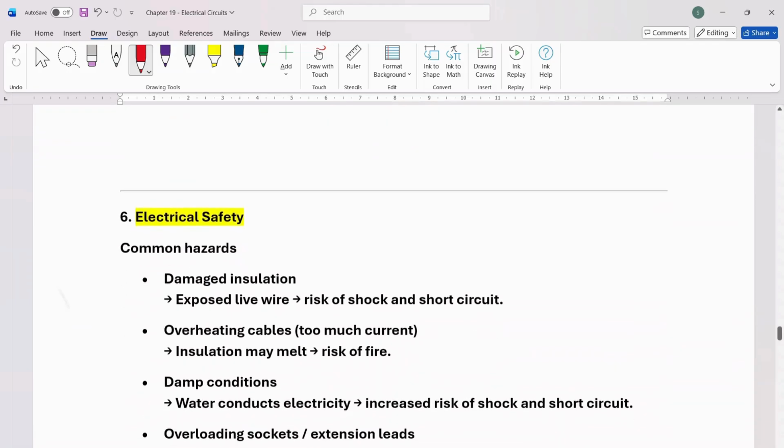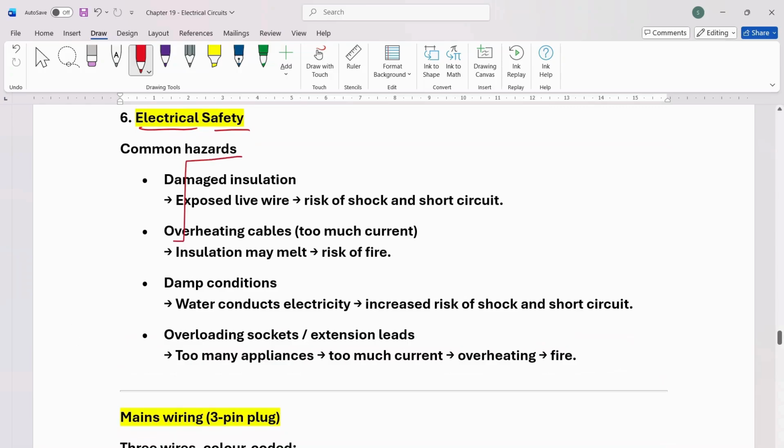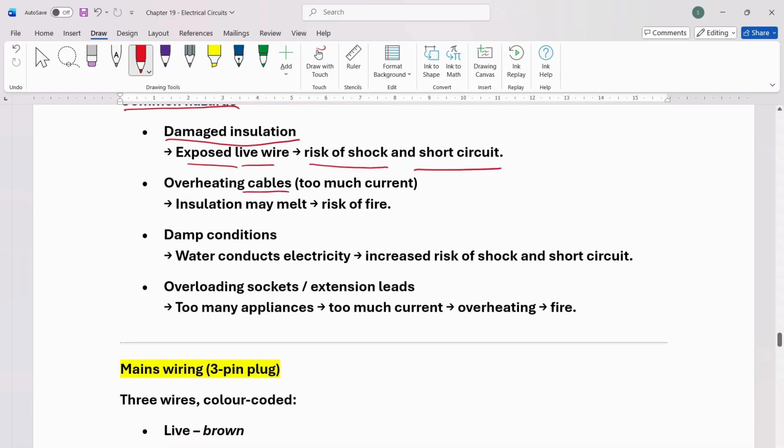Next, we have electrical safety, common hazards. Damaged insulation, exposed live wire: risk of shock and short circuit. Overheating cables: too much current, insulation may melt, risk of fire.